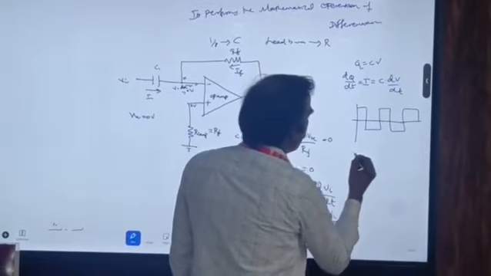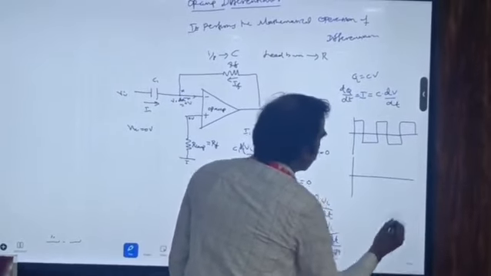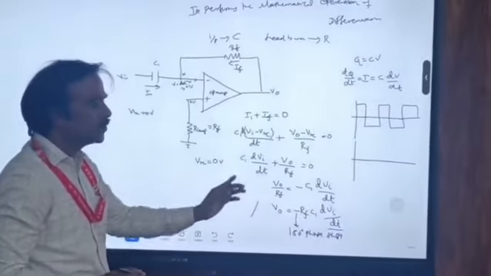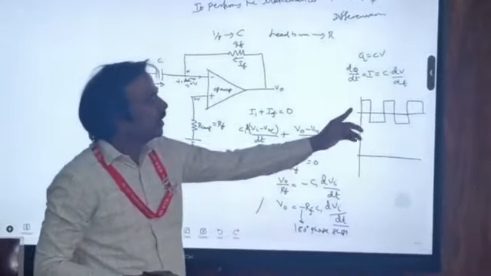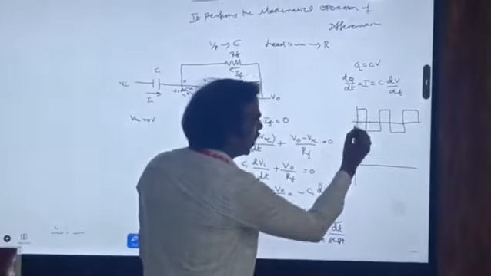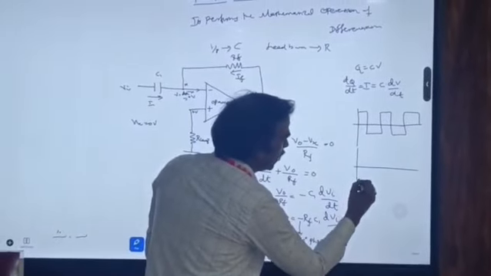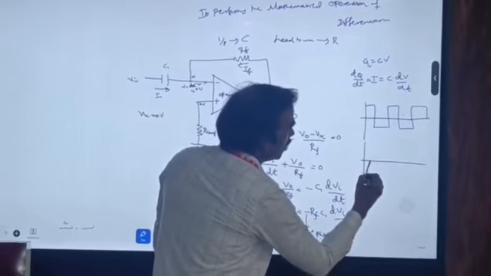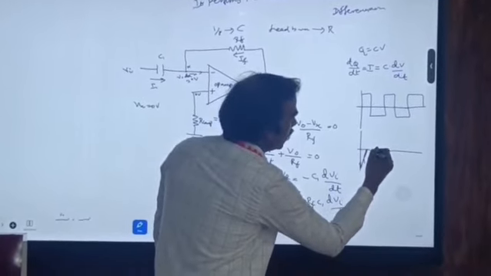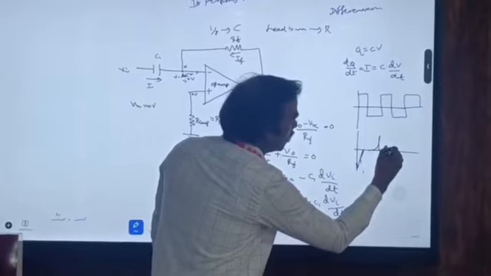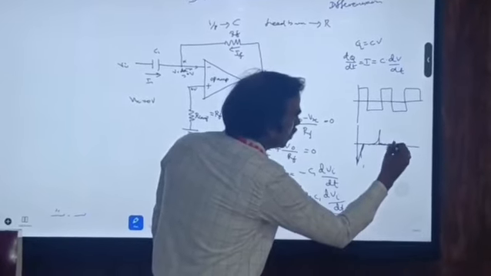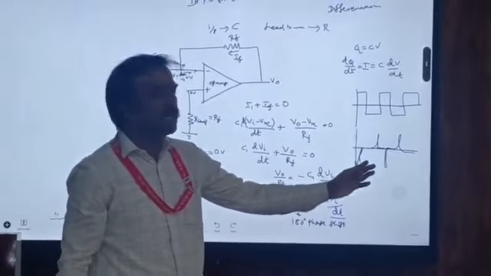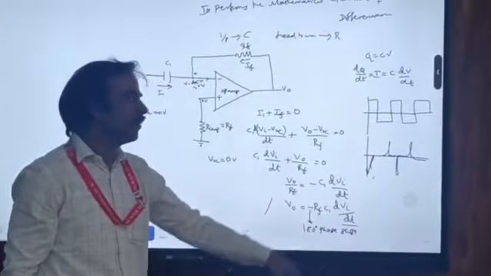Since it is working in the inverting mode, the output will be a negative spike for the positive edge. So the output will be in the form of spiked waves.